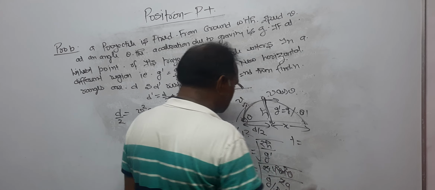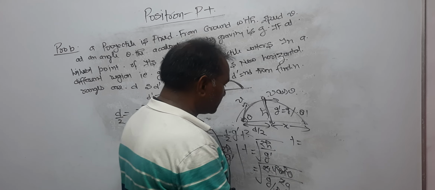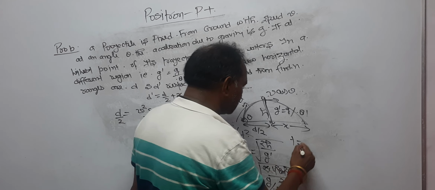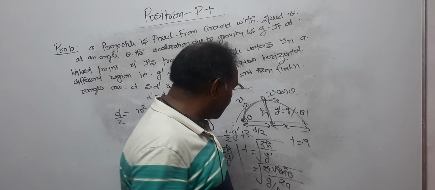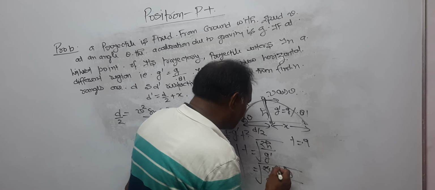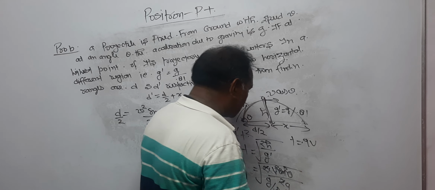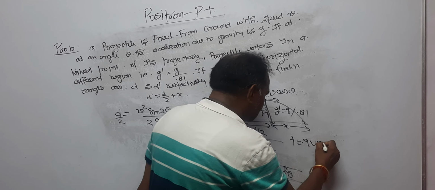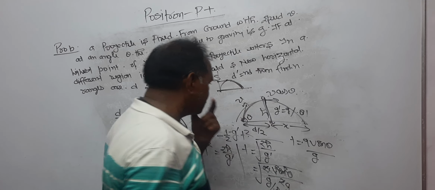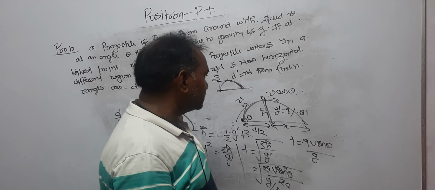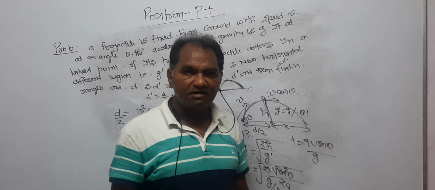Dear student, if you look here, t is equal to, directly I am writing, 0.81, whose square root is 0.9. Now v square is v, sine square theta is sine theta, and g square I am just replacing by g. So this is the time taken in traveling this horizontal distance.